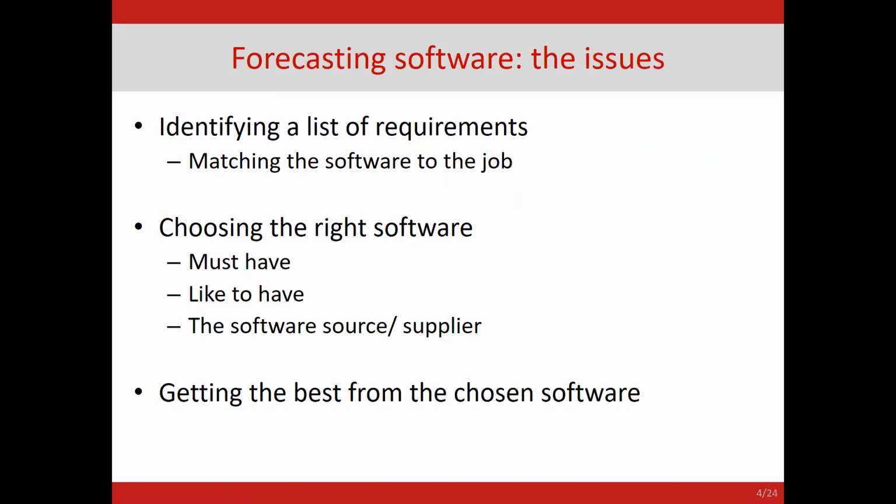Then there's the question of choosing the right software. What are the components? There are the must-have aspects, the like-to-have aspects, and of course the supplier themselves. And finally, and perhaps a rather neglected area, is getting the best from the chosen software, because most commercial software comes in wrapping, in the sense that it's not tailored to the organization.